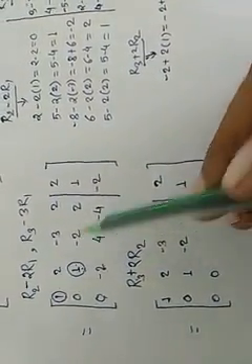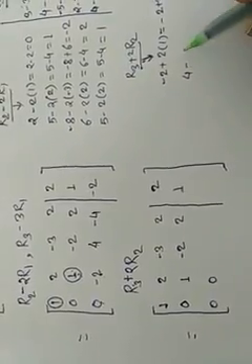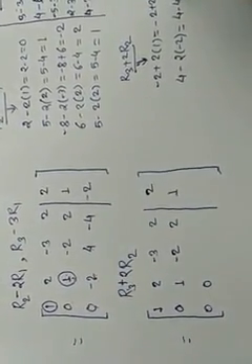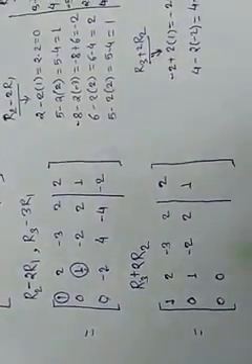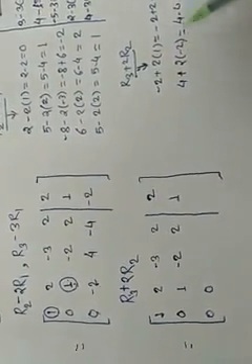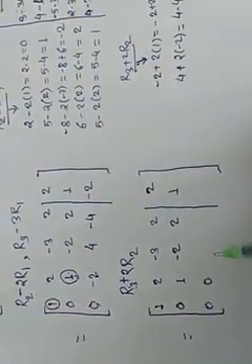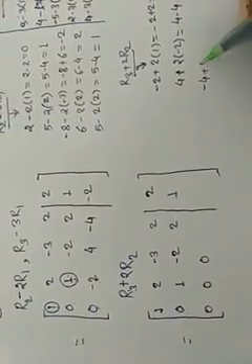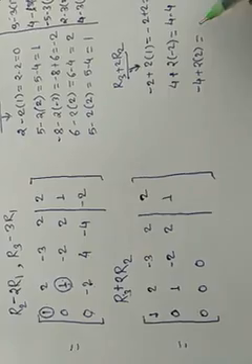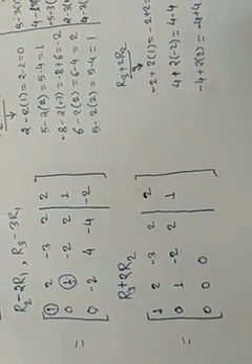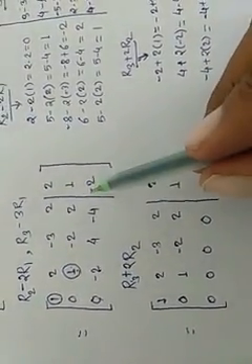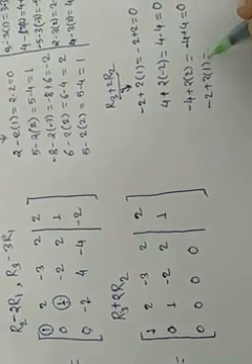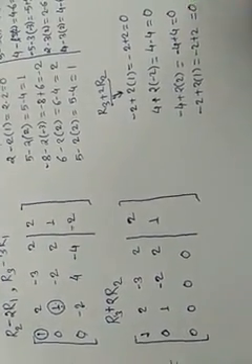Next, 4 plus 2 into -2, which is 4 minus 4, it is 0. So it is again 0. Then -4 plus 2 into 2, which is -4 plus 4, again 0. And last, -2 plus 2 into 1 is -2 plus 2, which is 0.